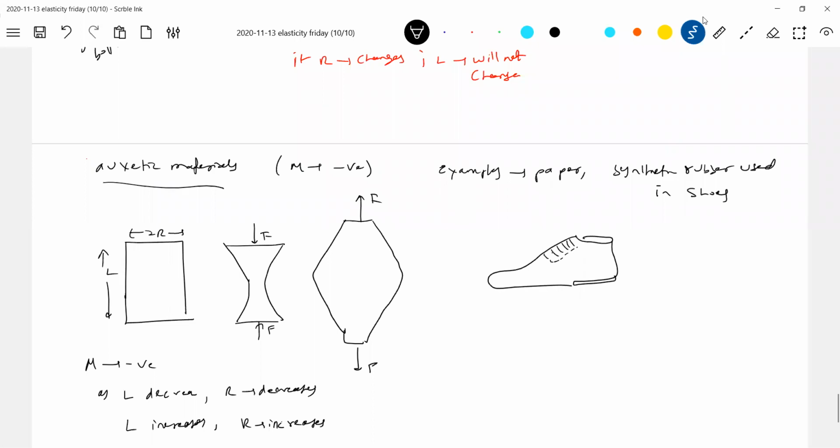It'll be like this, no? So this part, or better say this region, is something very, very important in the shoes.